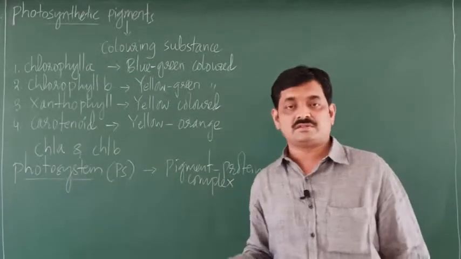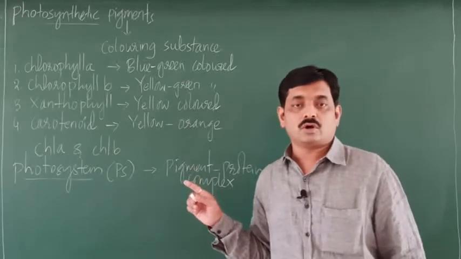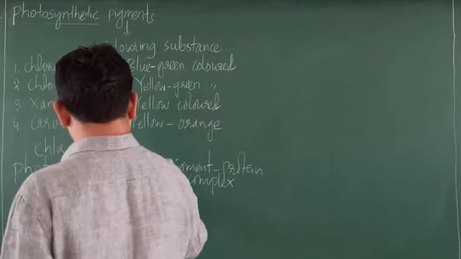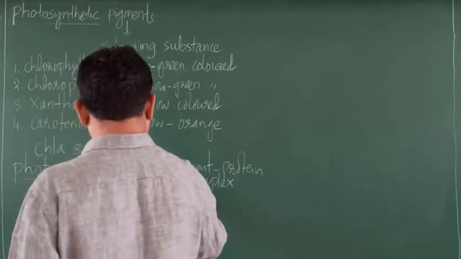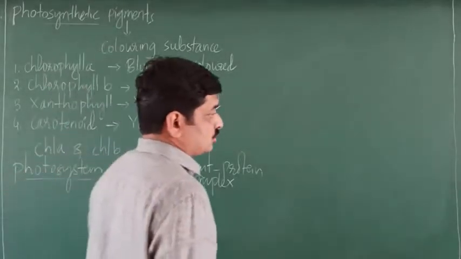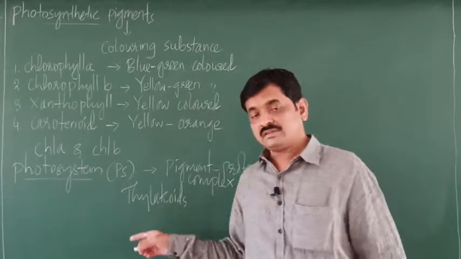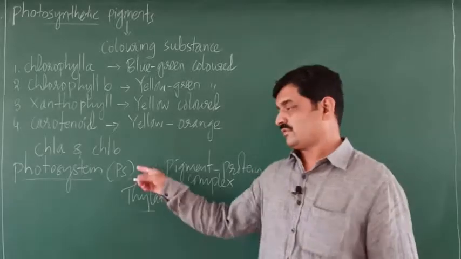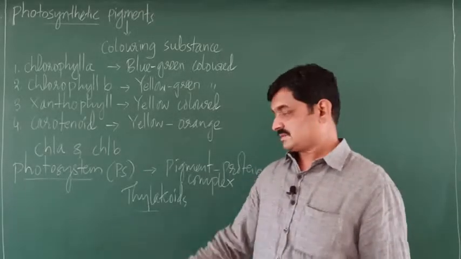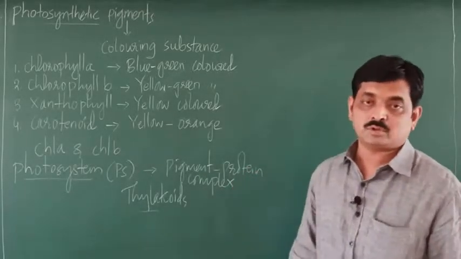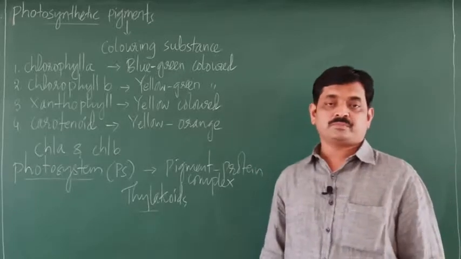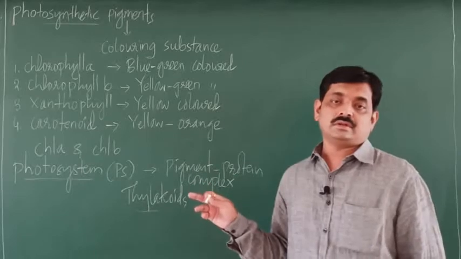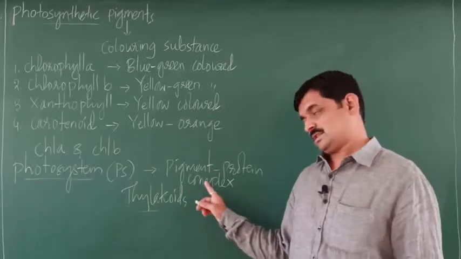So photosystem is a pigment protein complex which is located in thylakoids. Such a system is called photosystem, written as PS. So it is a pigment protein complex located in thylakoids, right? Why is it called complex?